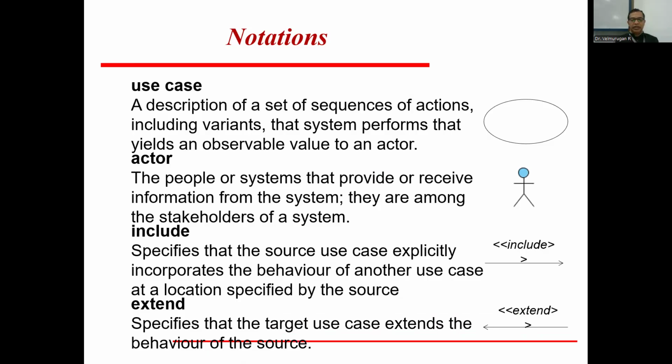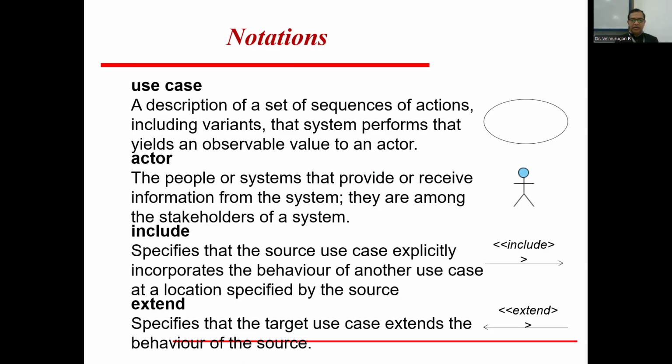Include is about this: if a particular use case has to execute, it has to explicitly bring into its domain the behavior of another use case. So I am doing a process, and for me to do the process, I want somebody to be included in my process. That is what include is all about. And extend is something like an effect of my functionality.